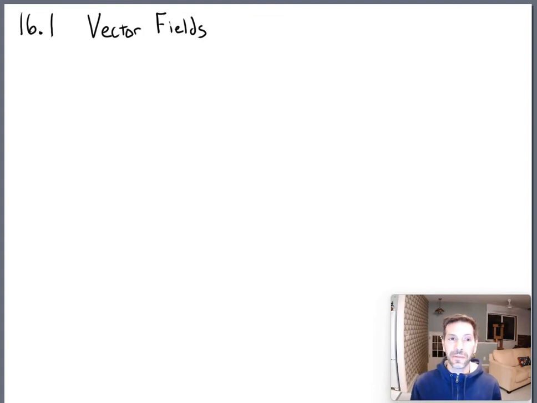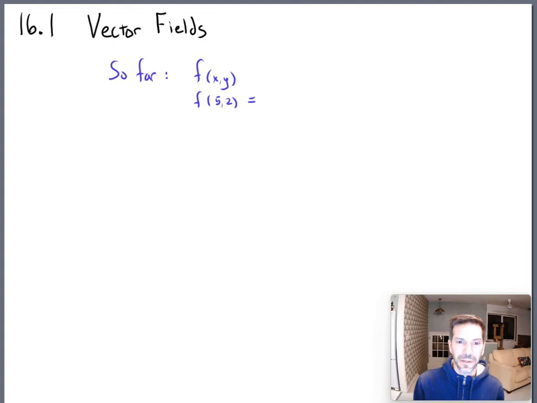So Chapter 16 is about vector fields, and a vector field just assigns a vector to a point in space. So far, mostly, when you have a function of x and y, and you plug in a point in space, like the point 5 over and 2 up, you get a number result.